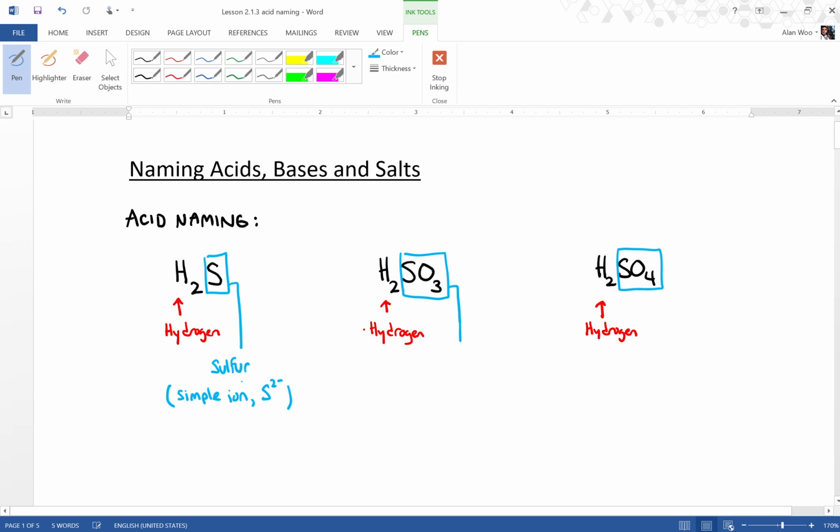This one, if you look at the back of your periodic table, there's a list of complex ions. So on your complex ion list, look for SO3. SO3 2 negative is actually called sulfite. Sulfite is a complex ion.